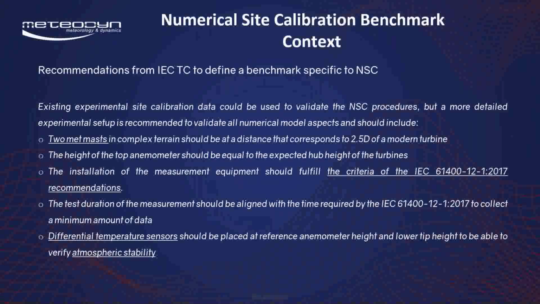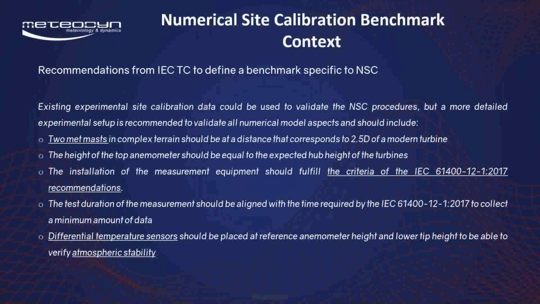And at the end of the document written by IEC 12-4, there are some recommendations to define the benchmark. There are 5 points among others, but I give you only five points.